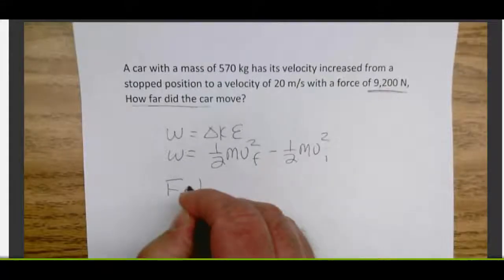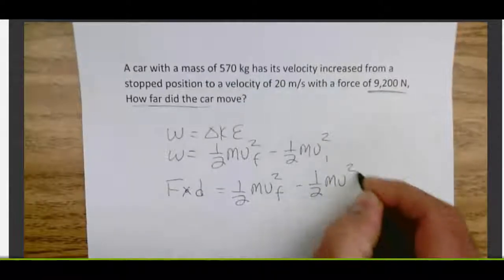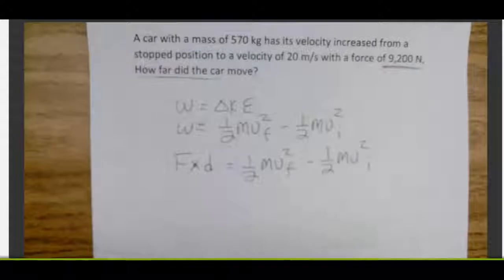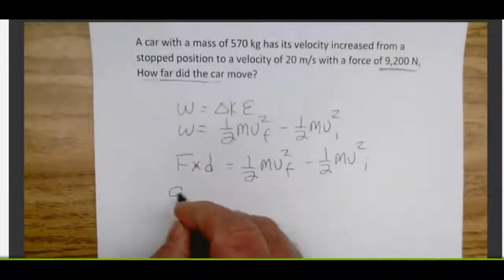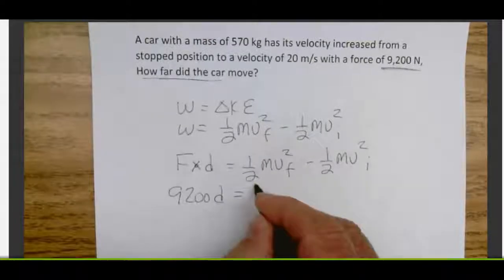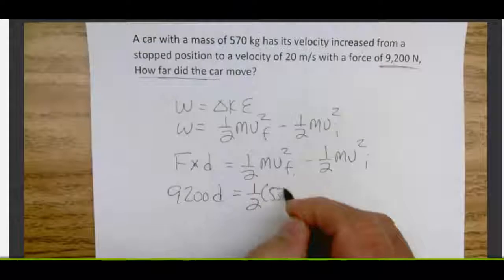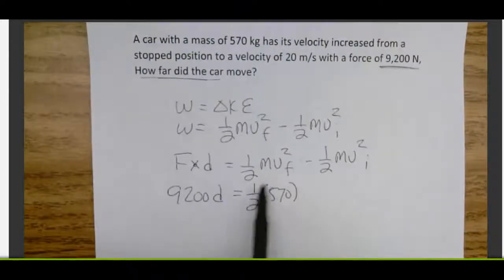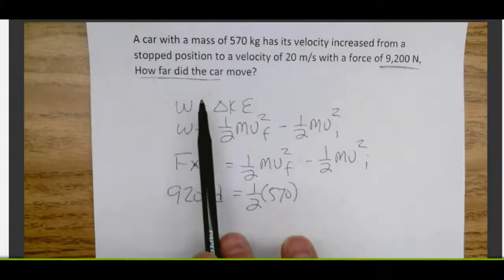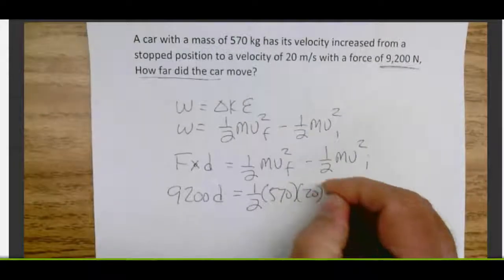And then we get to plug in. So we have a force, 9,200 D, because it's going to be times. Then 1/2, and a mass of 570, and then it increased from a stop position, so it wasn't moving, but at the end it had a velocity of 20 squared.